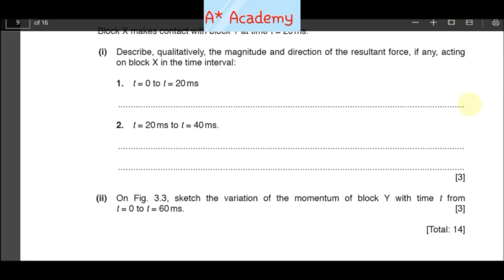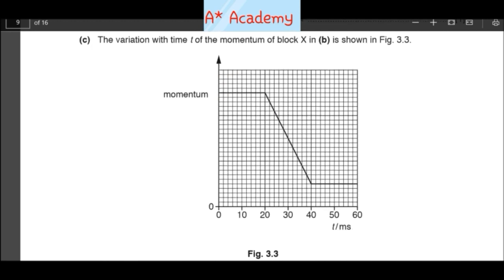Then for this part that says sketch the variation of the momentum of block Y with time t from 0 to 60 milliseconds. All we need to do is, firstly, Y was not moving, so its momentum was 0.